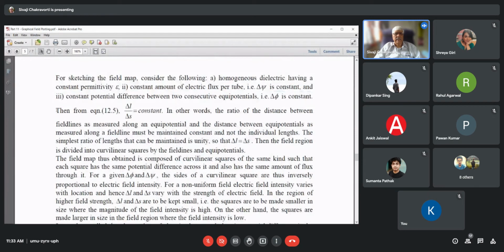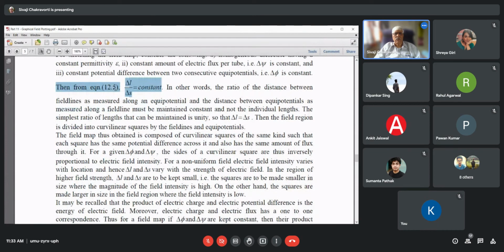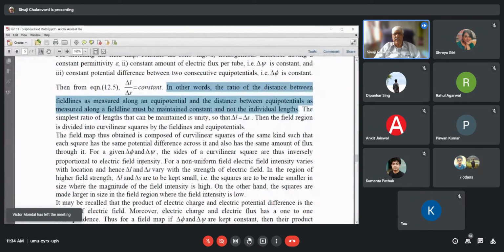So I can say that this del L by del S remains constant. In other words, the ratio of the distance between field lines as measured along an equipotential and the distance between equipotentials as measured along a field line must be maintained constant, and not the individual length. This is the important point.